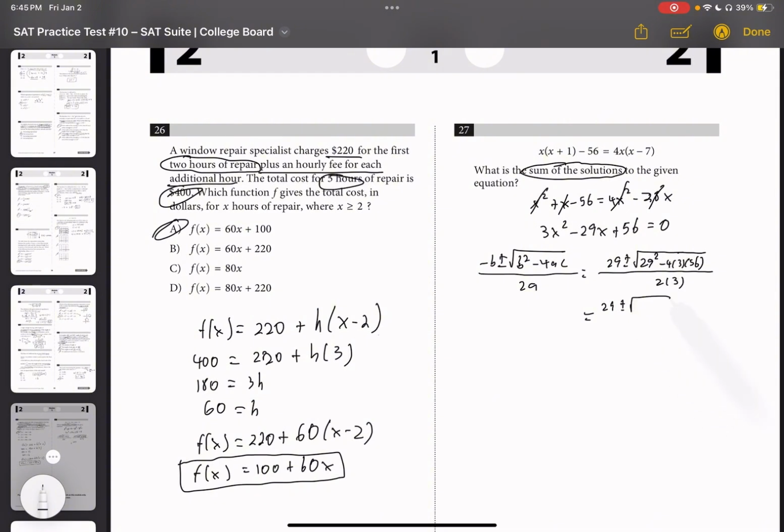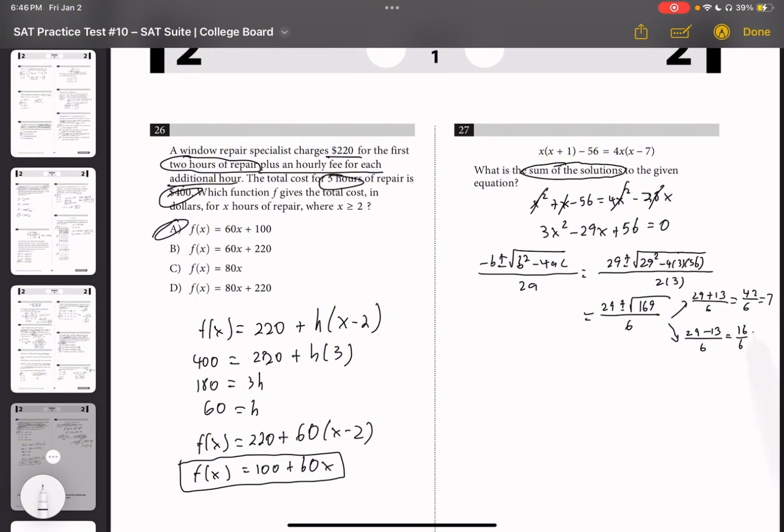which is going to be 169 over 6. So we get our two values right here of 29 plus 13 over 6 and 29 minus 13 over 6. This is going to give us values of 42 over 6 and 16 over 6.